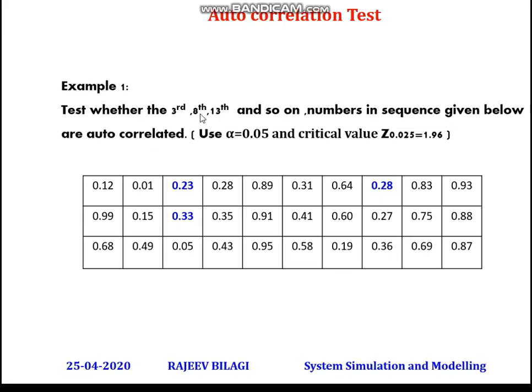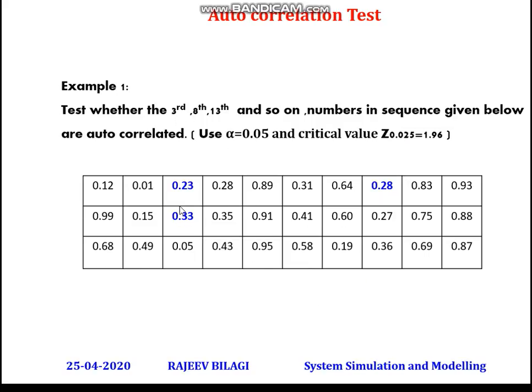Test whether third, 8th, 13th and so on, the numbers in the sequence given below are autocorrelated or not with alpha equal to 0.05 and critical value is this one. You need not worry, this critical value will be given. So here critical value equal to z of alpha by 2, hence it is 0.025. Okay. Now if you look at, this is the given set of random numbers.